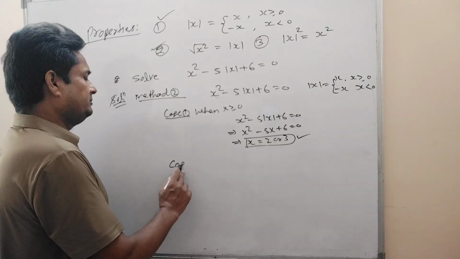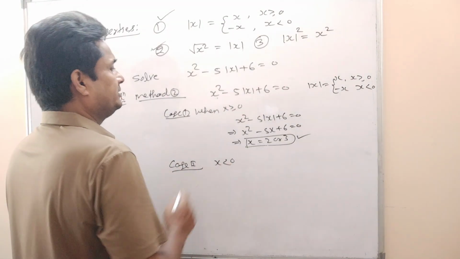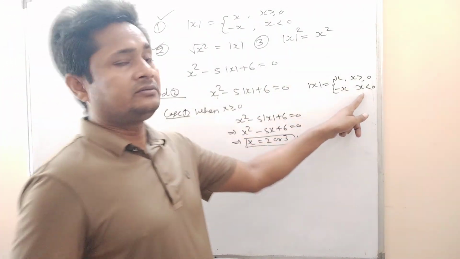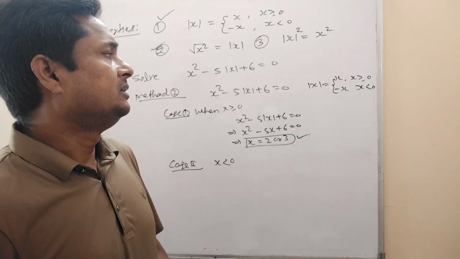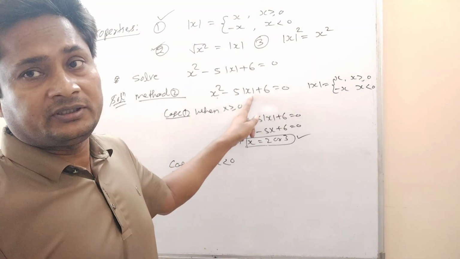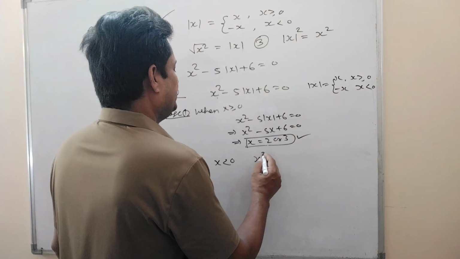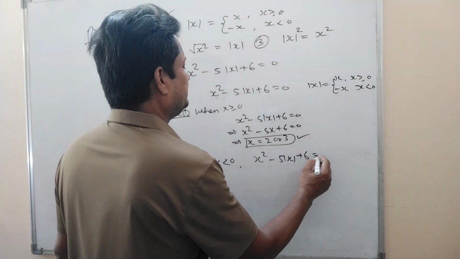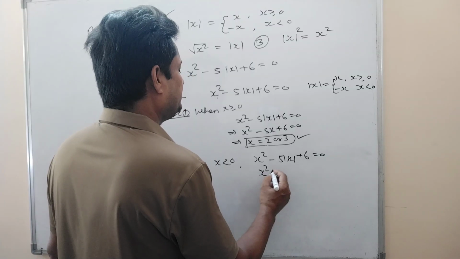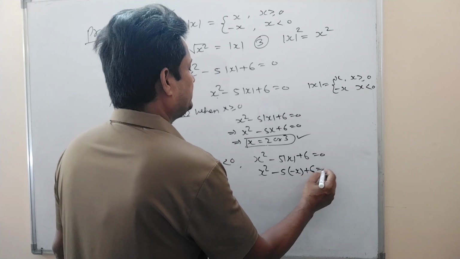Now case second. When x is less than 0, this modulus can be written as minus of x. So x square minus 5 mod x plus 6 is equal to 0 can be written as x square minus 5 into minus x plus 6 is equal to 0.